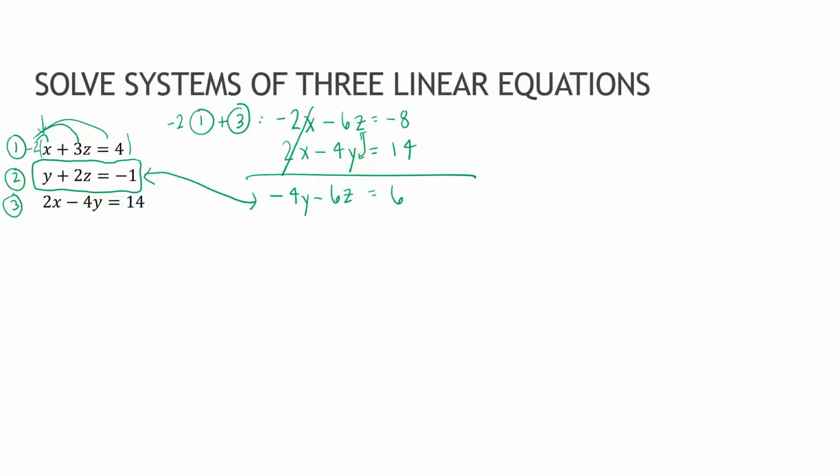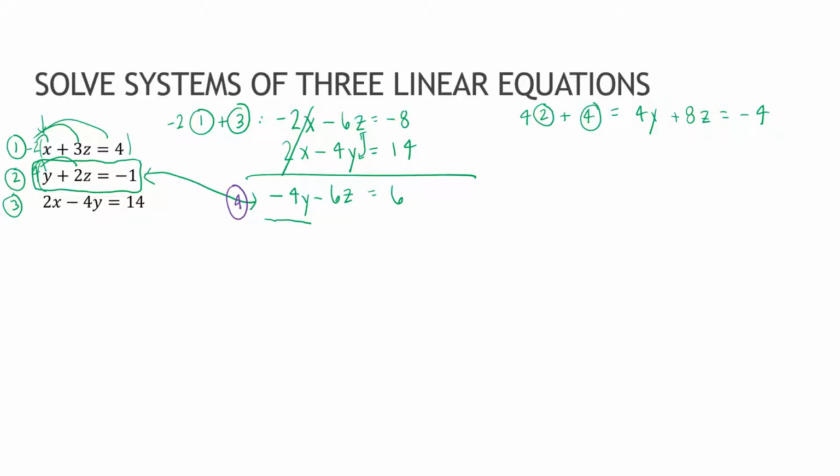So if I want to eliminate y, this is a negative 4. I need this to be positive 4. So I'm going to take 4 times my equation 2 and add it to equation 4, my new equation I just came up with. So 4 times equation 2 would be 4 times y, or 4y. 4 times 2z is 8z. 4 times negative 1 is negative 4.